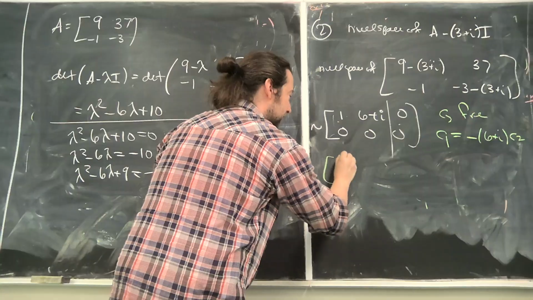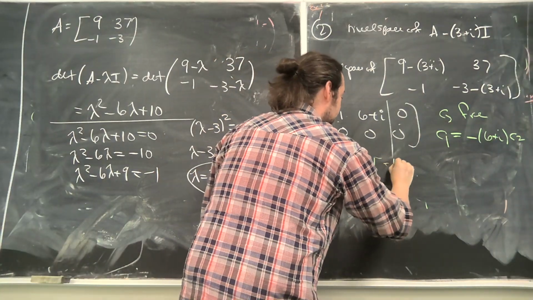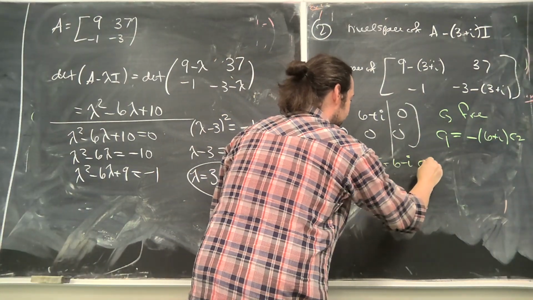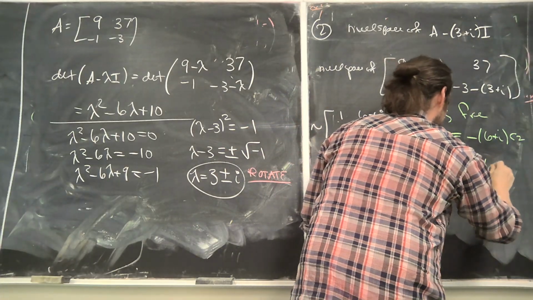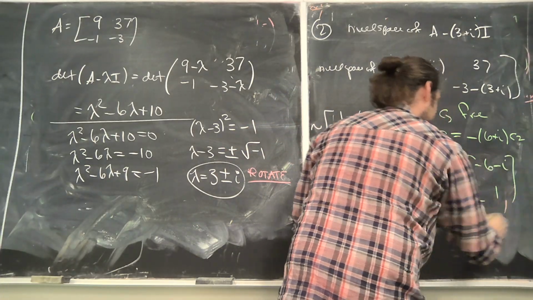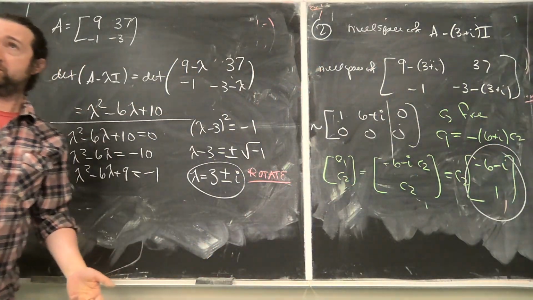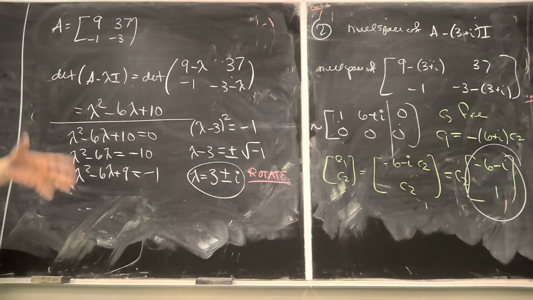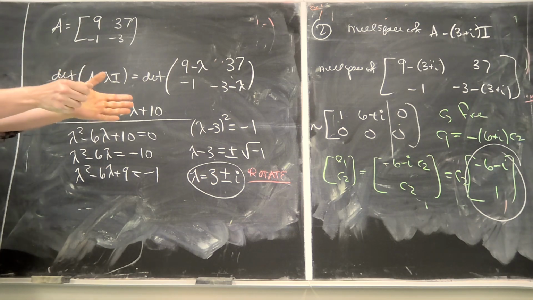And so your solution set, C1, C2, is minus 6 minus i times C2, C2, which is C2 times minus 6 minus i, 1. And that is a complex eigenvector. The eigenvectors have to be complex because they represent rotations. And if they weren't complex, I could plot them in the plane and they would end up pointing in the same direction.